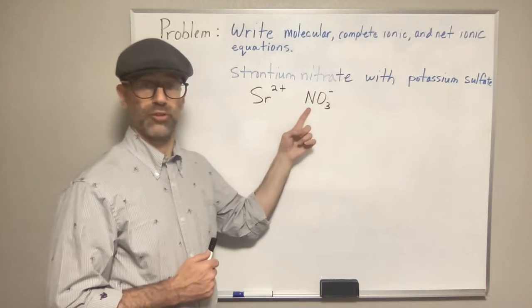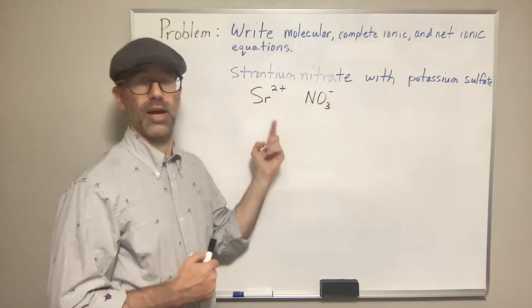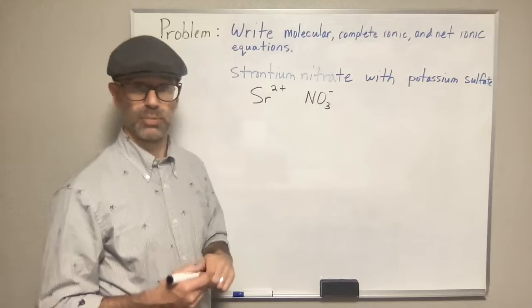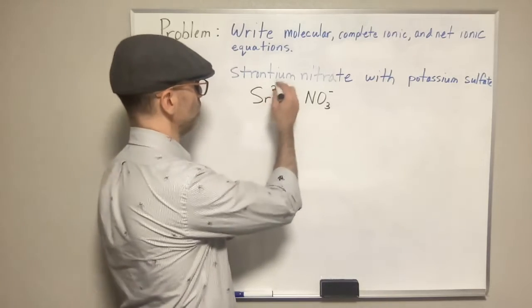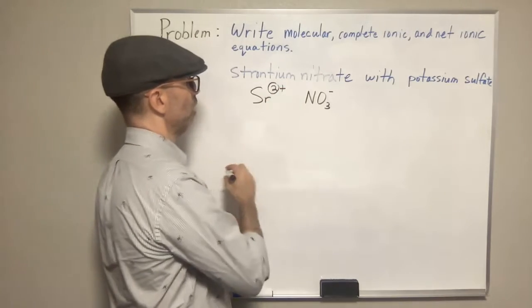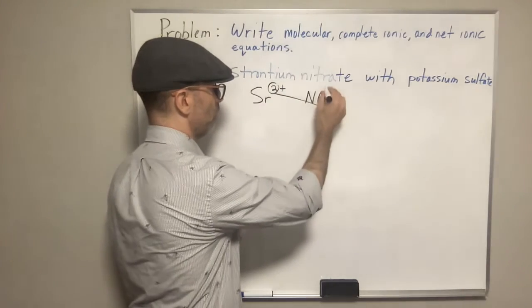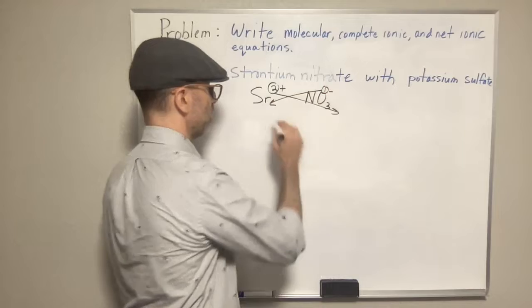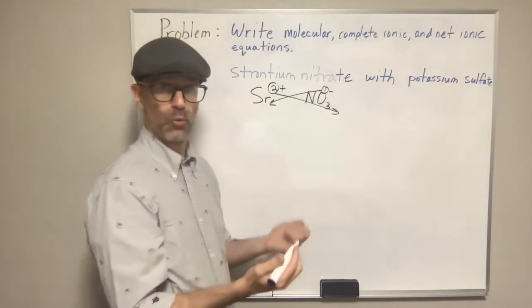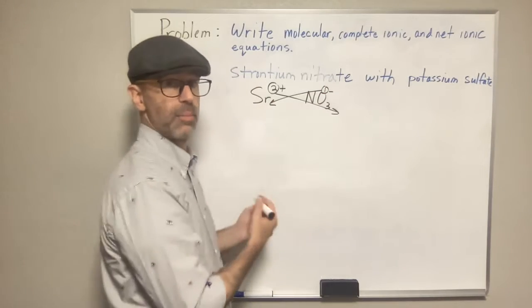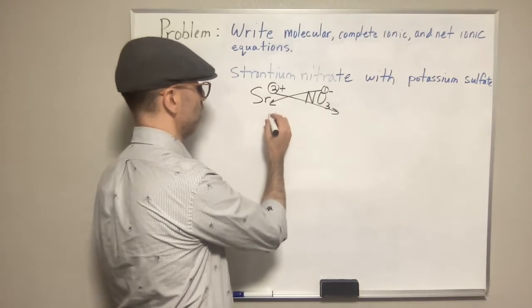So it'll be 2 for this and 1 for that. Another way is to use the crisscross method, where I take the numbers of the charges and crisscross them. There's a 1 there, and I put them as subscripts. We don't write 1s as subscripts, so we just write the strontium.